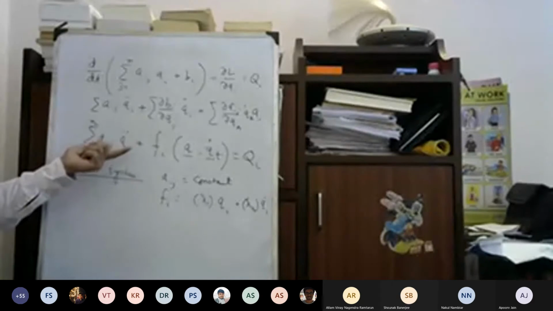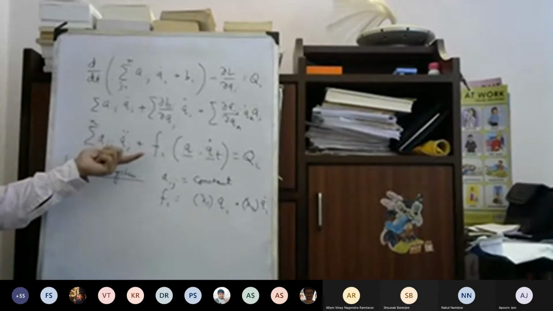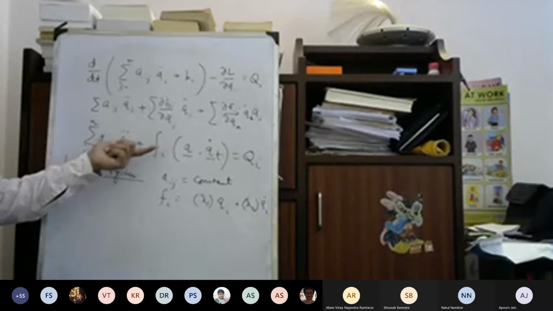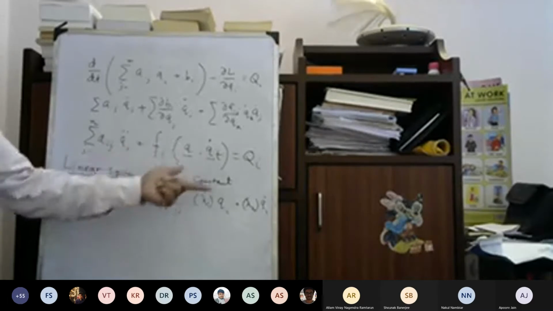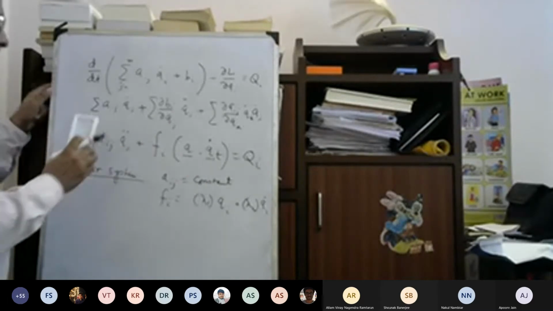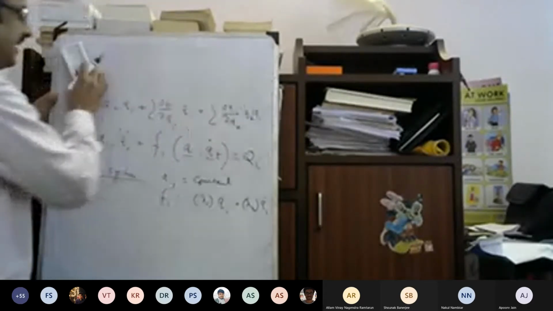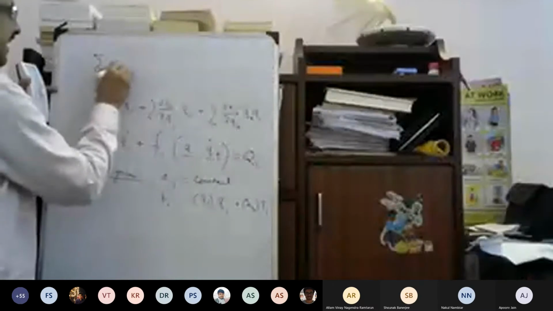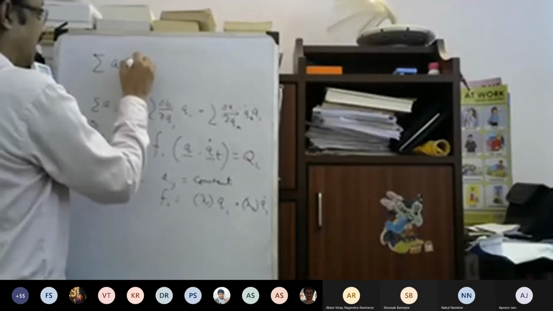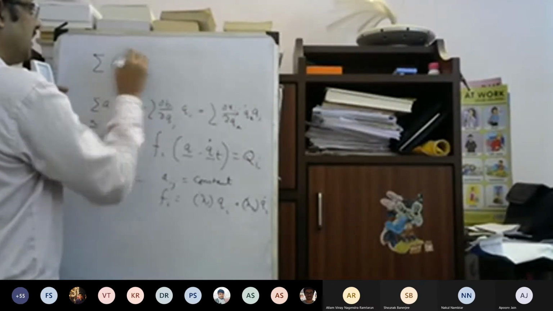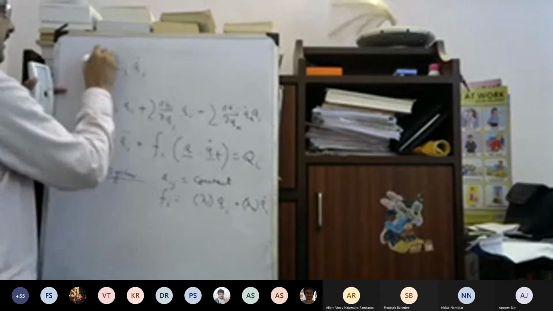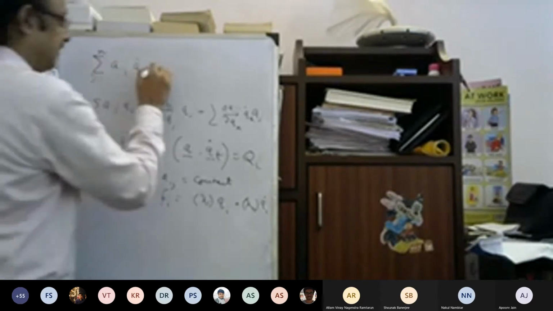So for the function, the equation will be Qaij Qj dot double dot plus all these terms. Now that will be the equation of motion in general. So if you get the equation of motion, it will be in this form: Aij Qj double dot, j equal to 1 to n, plus this term.